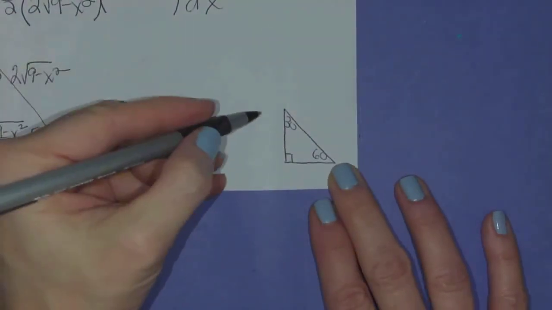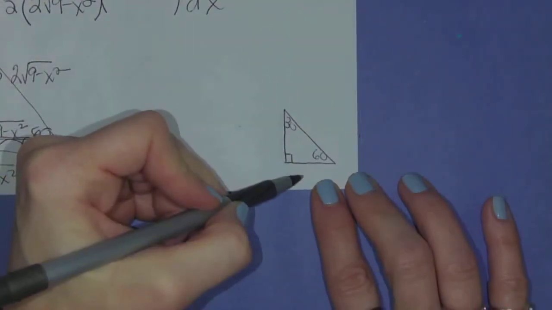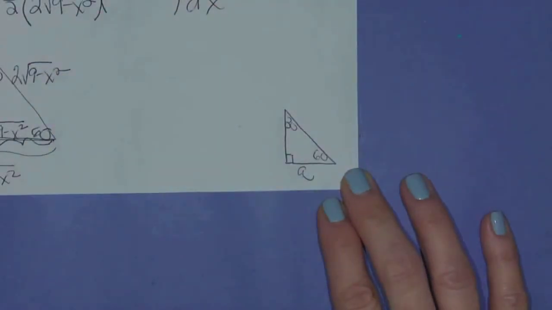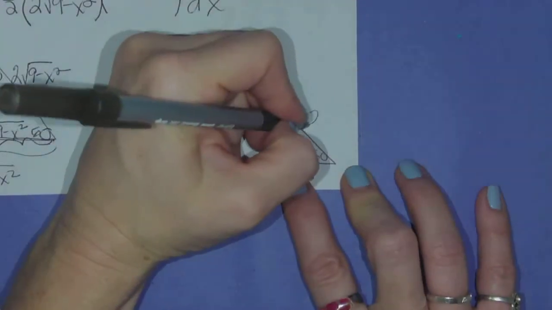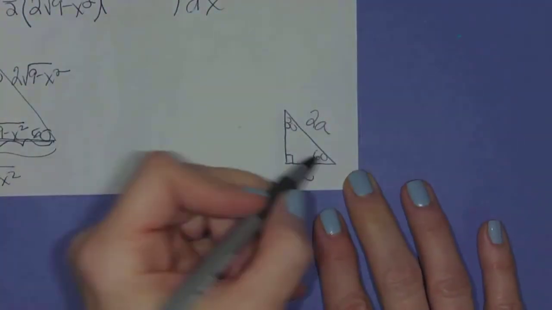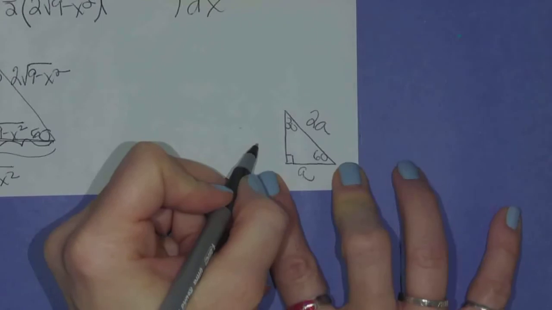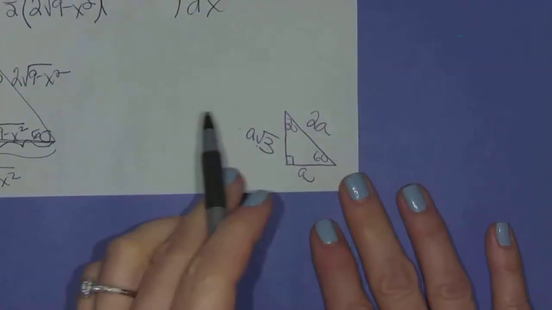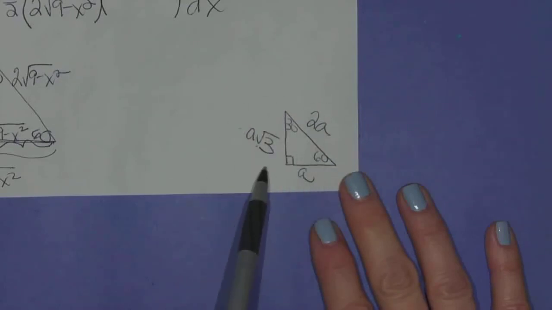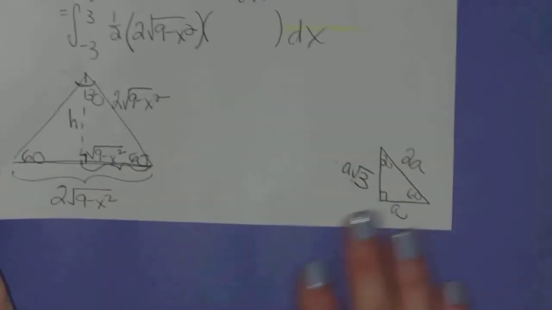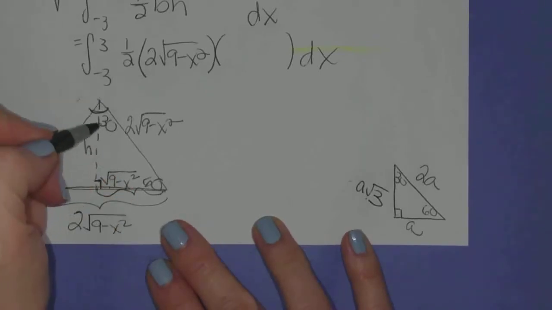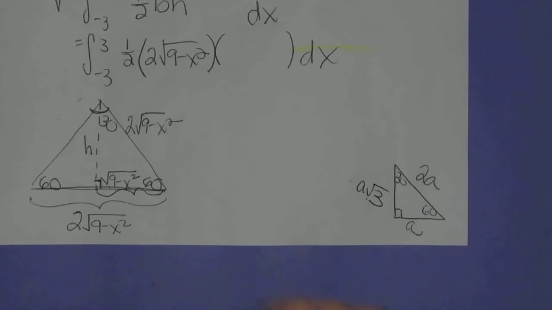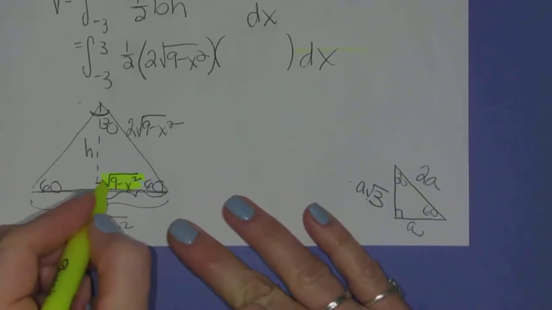If the short leg, which is the one across from the 30, we call A, then the hypotenuse is double that, 2A, and the leg across from the 60 is A root 3. This is the relationship that's always true between the sides of a 30, 60, 90 triangle. And if you look over here, check it out. The side across from the 30 is the square root of 9 minus x squared.